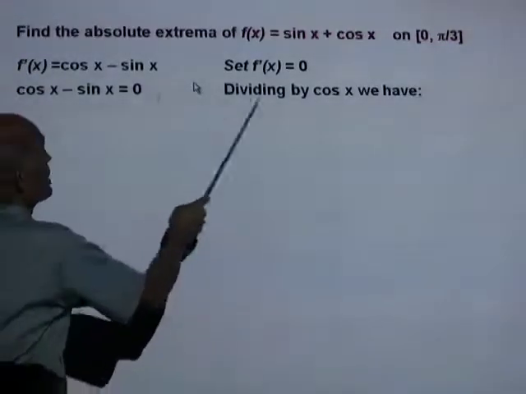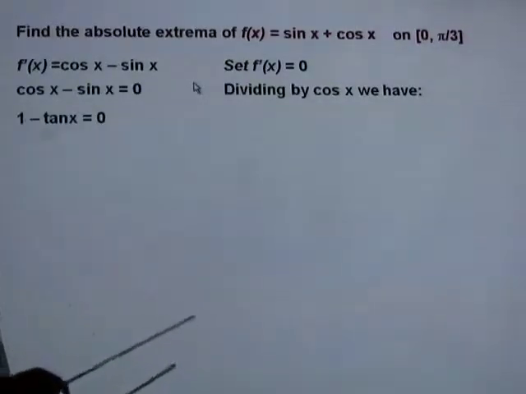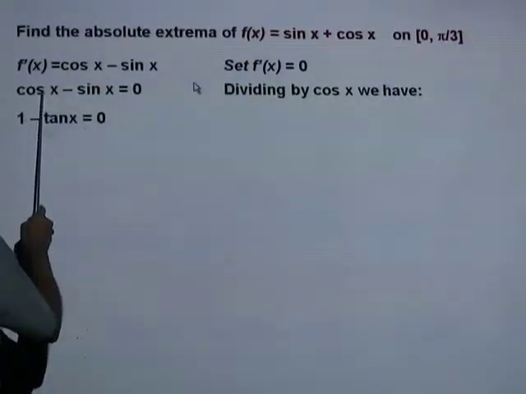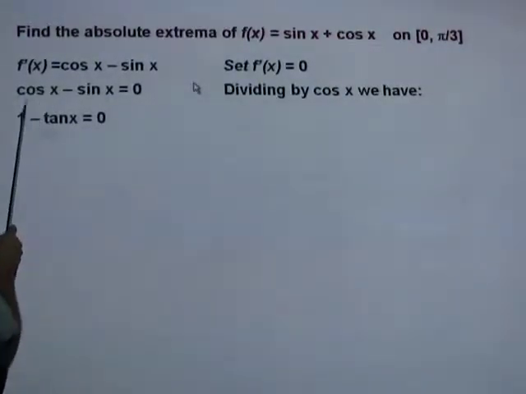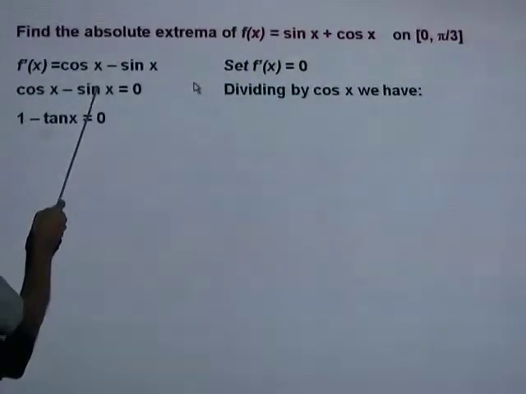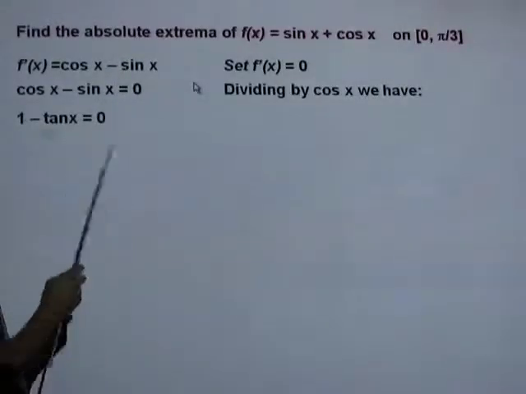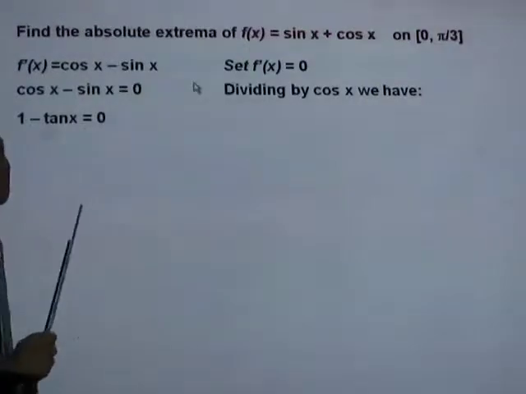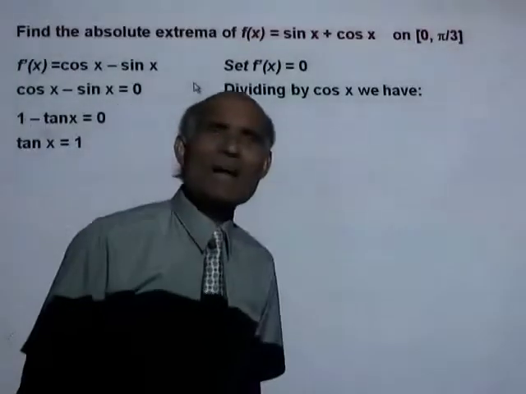Now, in order to solve this, let's divide both sides by cos x. What does that give you? If you divide each term by cos x, cos x by cos x is 1. Sin x divided by cos x is tan x. And of course the right side is 0. 1 minus tan x equal to 0. And that gives you tan x equal to 1.